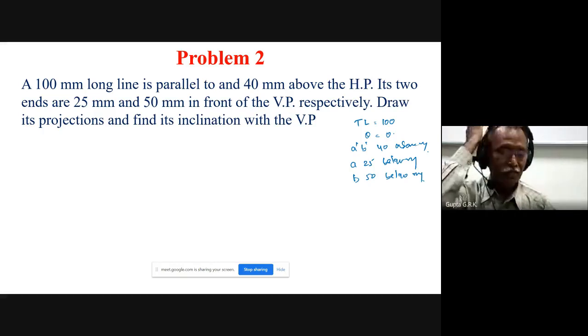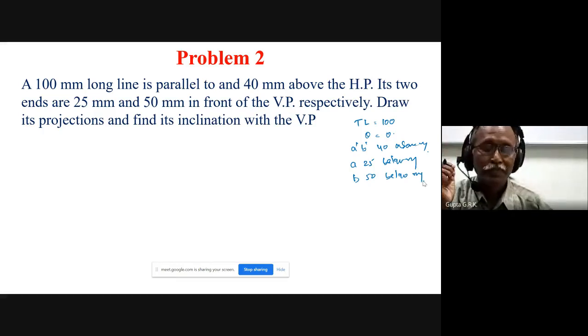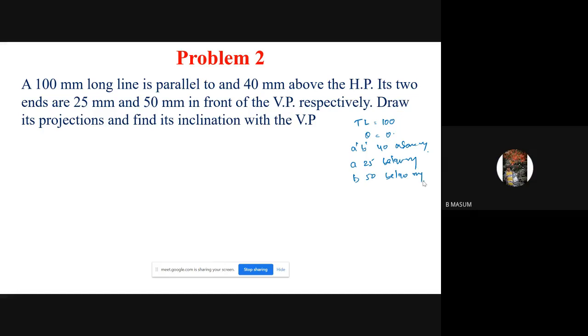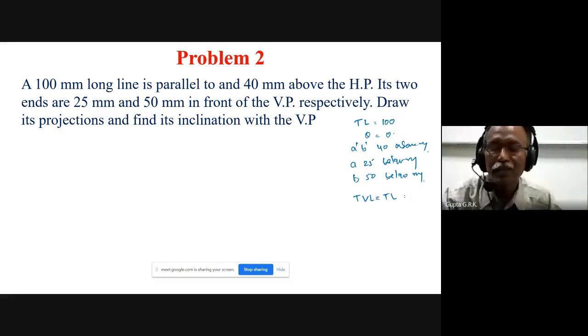So which will give me true length? Top view. Top view length is equal to true length. So this is the thing I have to make out first.